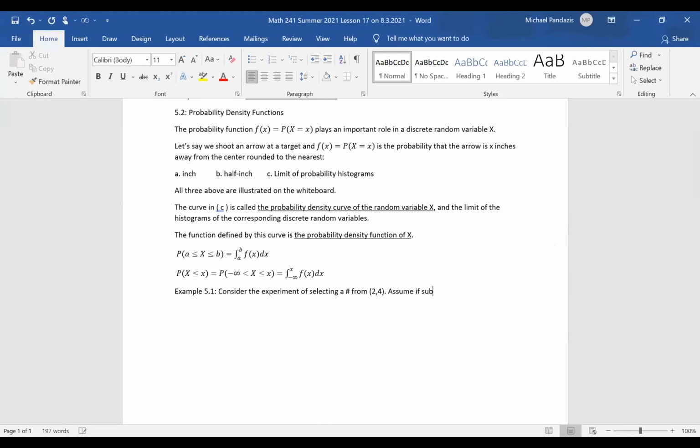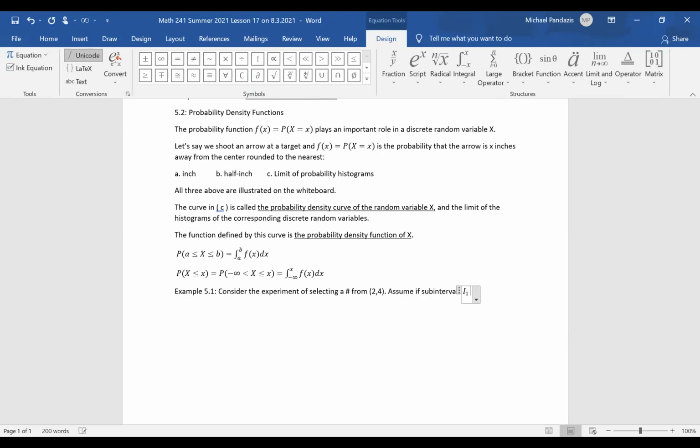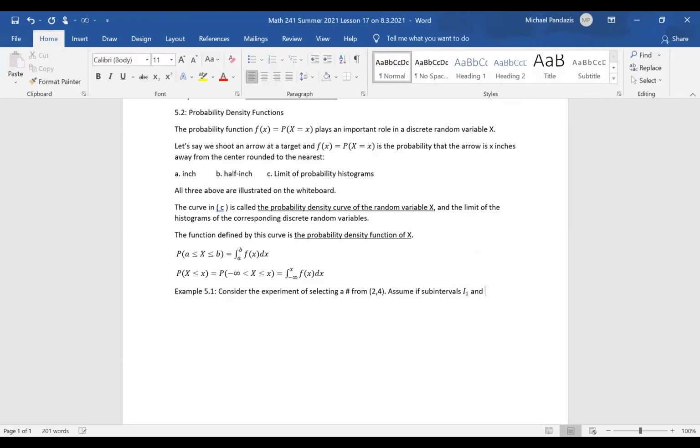Assume if subintervals I1 and I2 of (2, 4) are equal in length, the probability of the number being in either interval is the same.